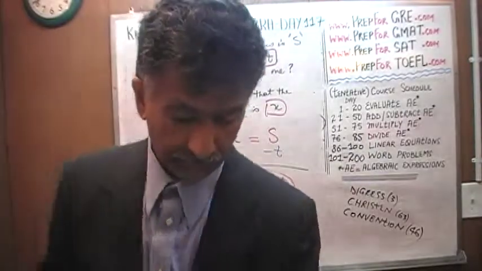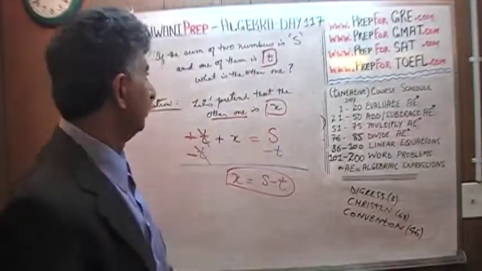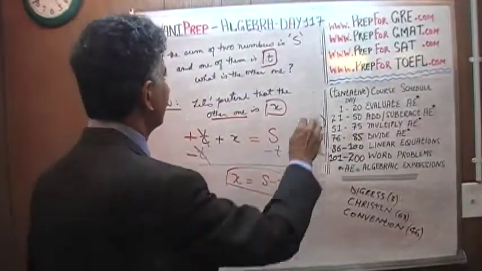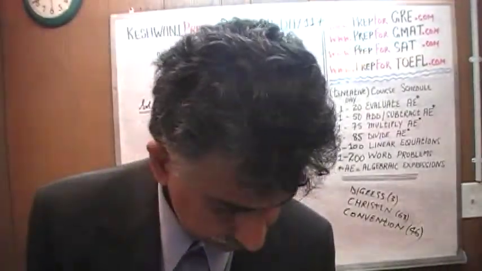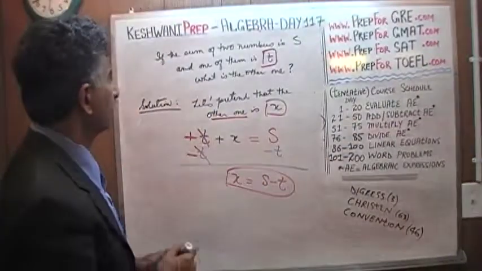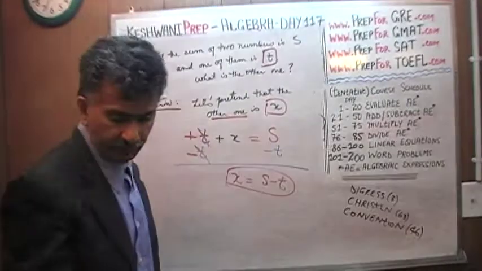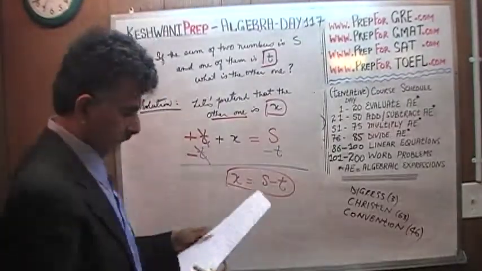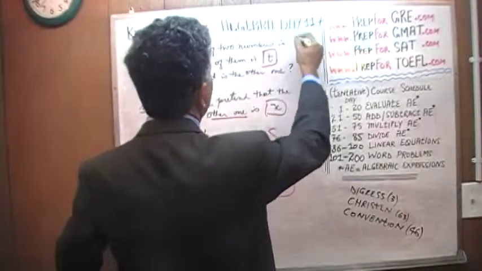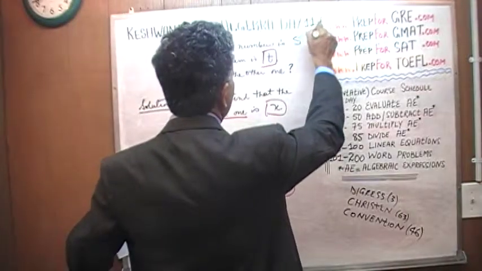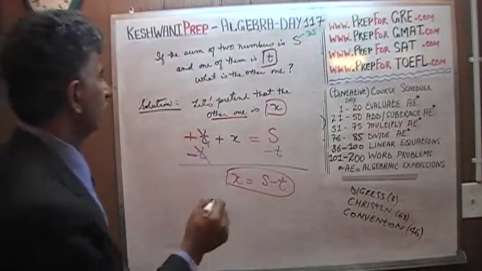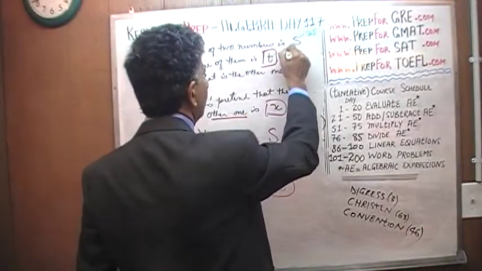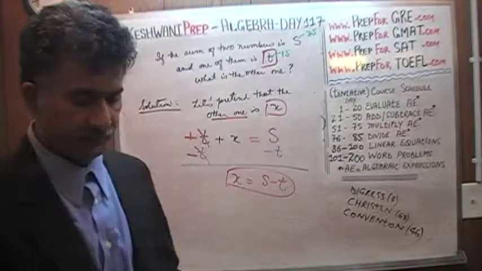If you like, we can actually verify our answer by plugging in numbers for the variables and see if it makes sense. Let's do that. I'm going to use the green colors for the plugging in. Let's put in 15. If the sum of two numbers is 25 and one of them is 15, what's the other one?